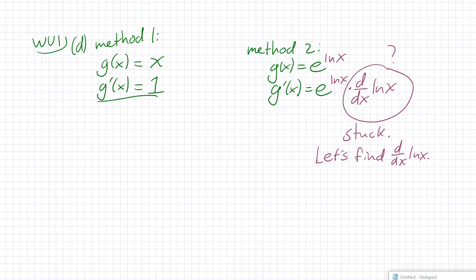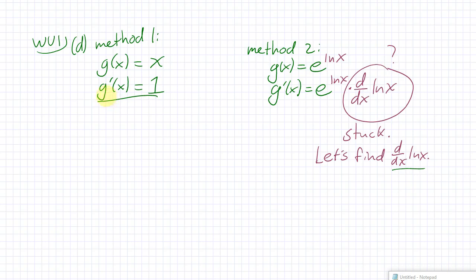I brought the stuff over here so we could just see both of these in the same place. So the way we're going to find this derivative of natural log is using the fact that this function e to the power natural log of x is the same function as x. No matter what x you plug in, you get the same thing here. So if it's really the same function, then its derivative must be the same.